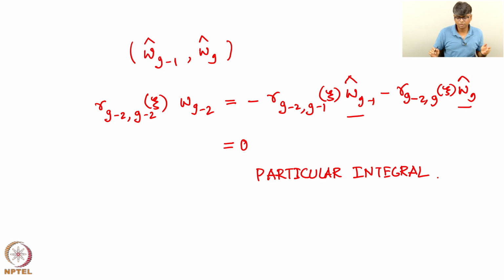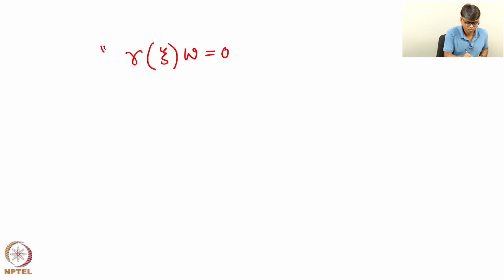Now the question remains as to how to get the solution of a standalone equation R xi w equal to 0. I'm sure you know it, but we'll just brush up your memory a little bit, and then we will move on to something more complicated.